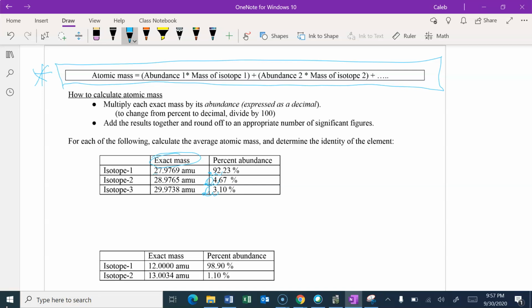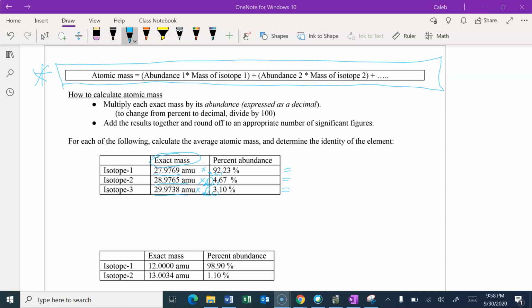So 27.9769 times 0.9223, get an answer. 28.9765 times 0.0467, and we'll get an answer out there. And then 29.9738 times 0.0310, put an answer right there, and then we will add those together.